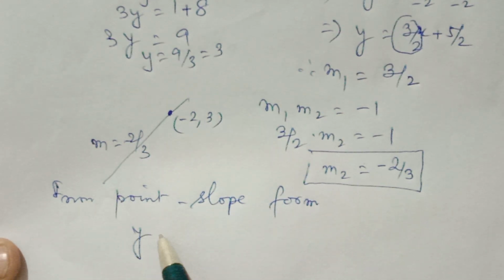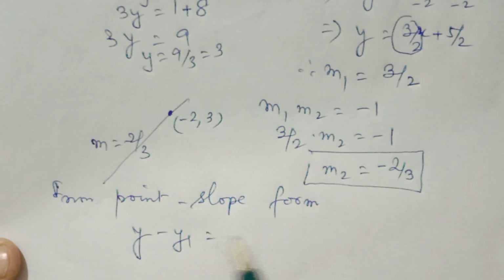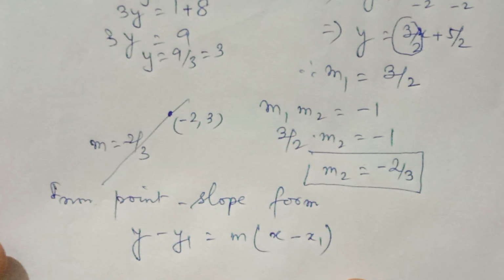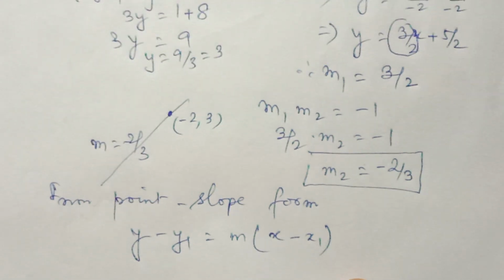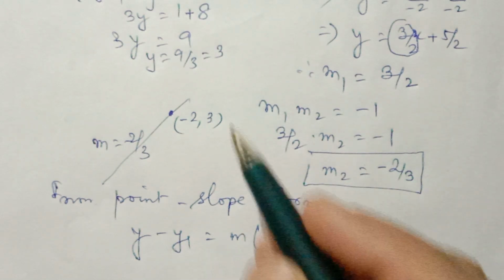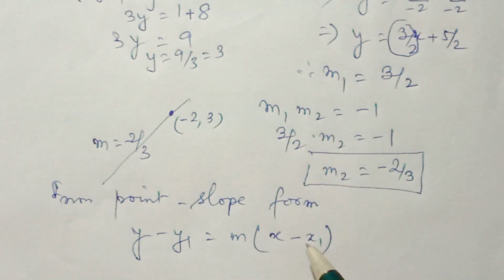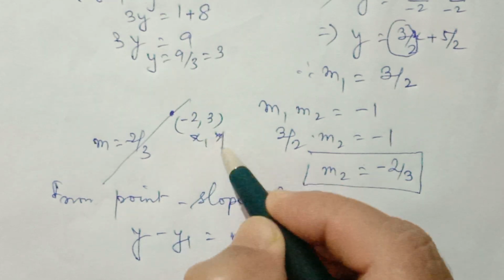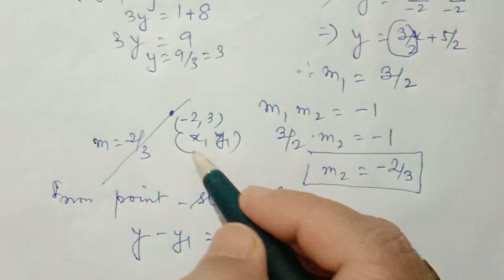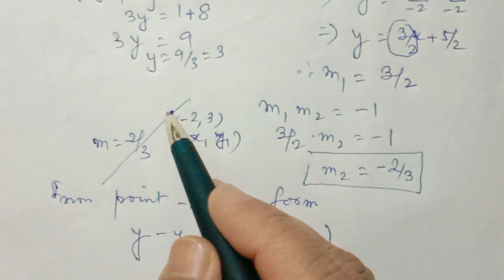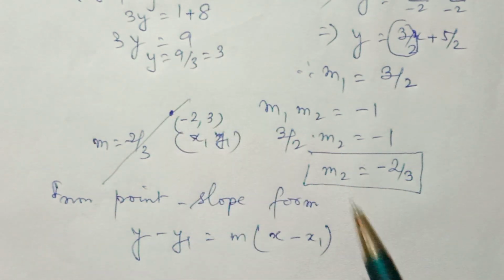y minus y1 equals m times (x minus x1). So x1 and y1 are the coordinates of the point through which this line is passing.